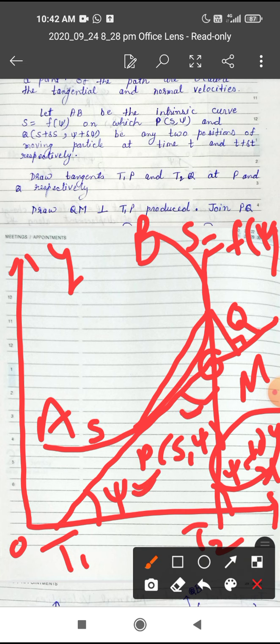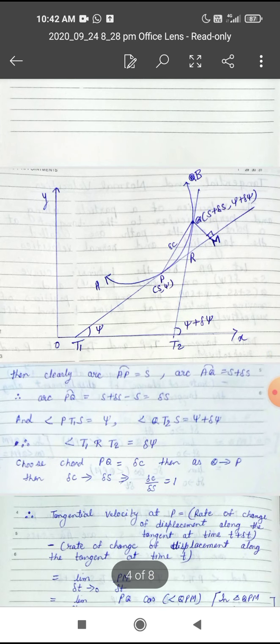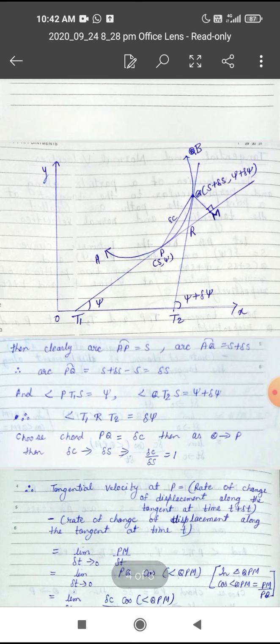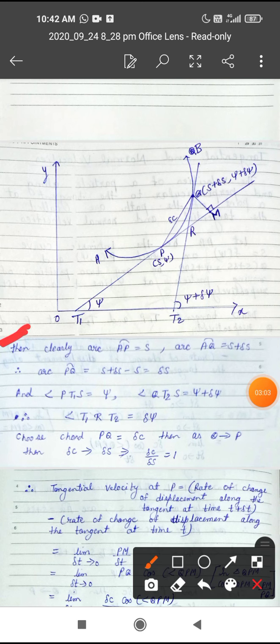So this must be equal to delta psi. So you will get the figure like this. So clearly the arc AP is equal to S, the arc AQ is equal to S plus delta S. Therefore arc PQ is equal to S plus delta S minus S, that is delta S.